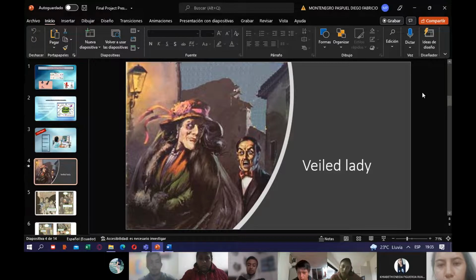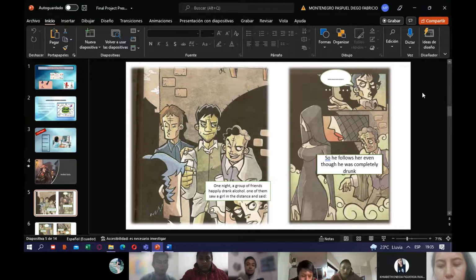The next slide. Okay, I'm going to describe the situation, and you have to guess or imagine what the characters say. For example, one night, a group of friends happily drank alcohol.